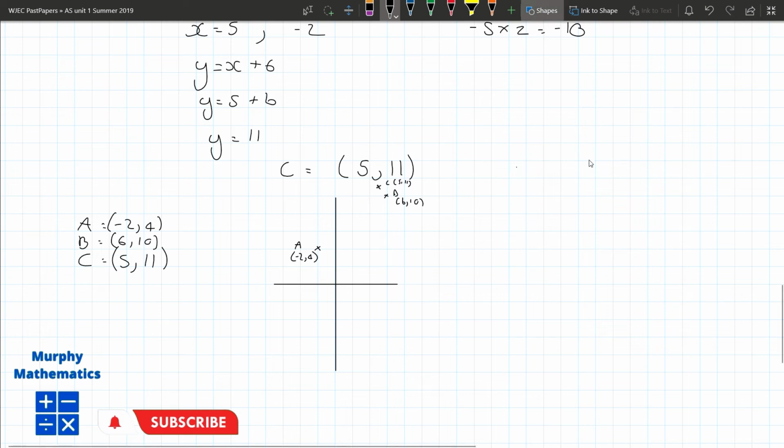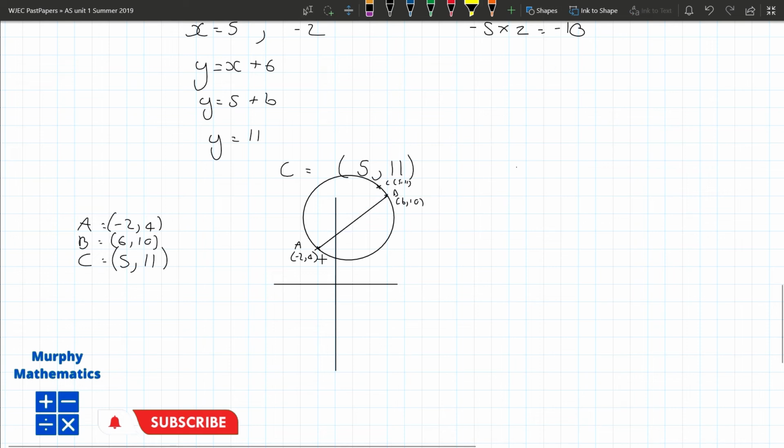Okay, so then I'm just going to draw a circle. Okay, and I got something very close to this. Okay, so I know AB sits on the diameter, so I've got a line here.